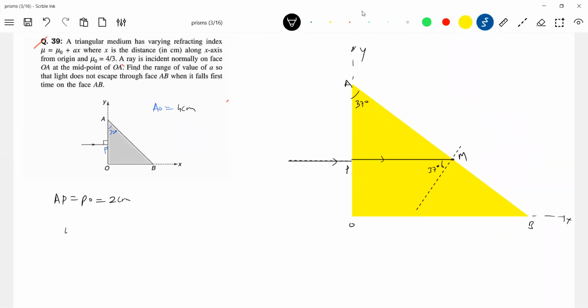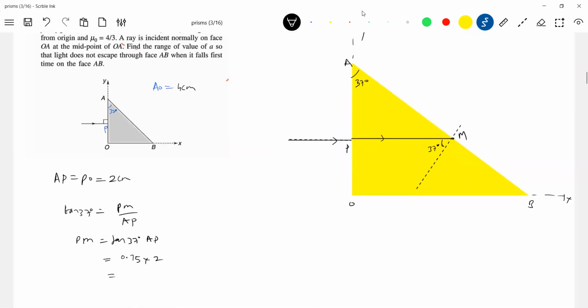So tan 37 is PM by AP. So PM is equal to tan 37 times AP. Anybody have the value? Tan 37 is 0.75 approximately. AP is 2. So 3/2 centimeter.